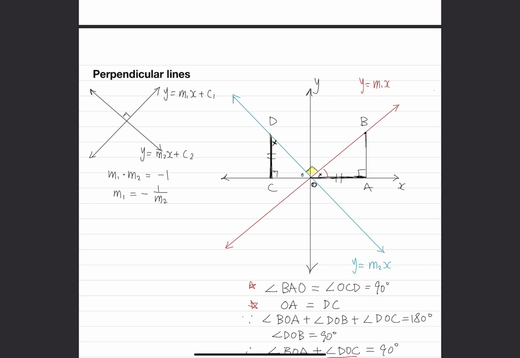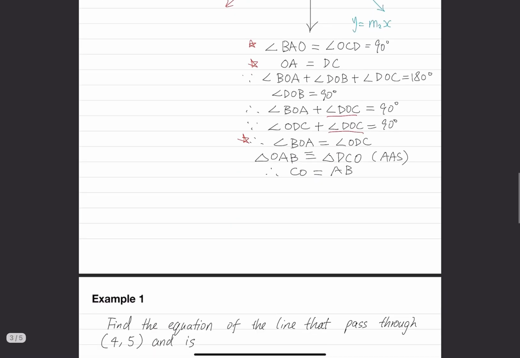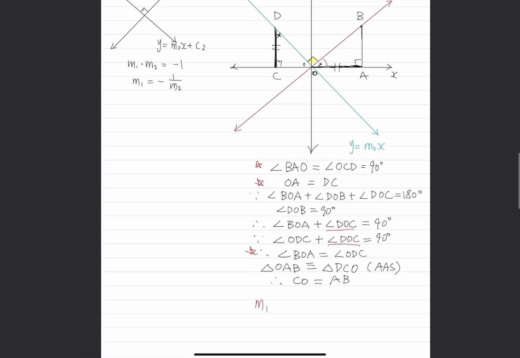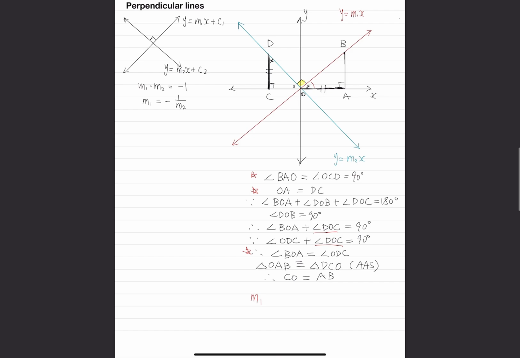For this particular angle, it's actually angle BOA. Zoom out a bit so you can see the diagram. So m1 should equal the tangent of angle BOA. So what is the tangent of BOA? That is the opposite side of angle BOA, which is AB, right?